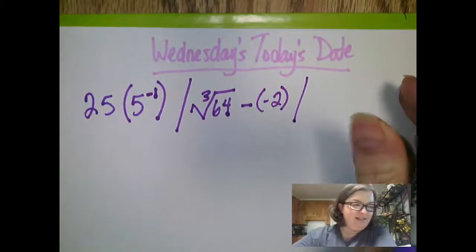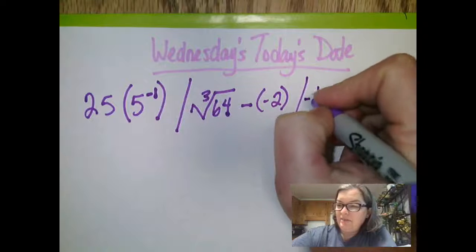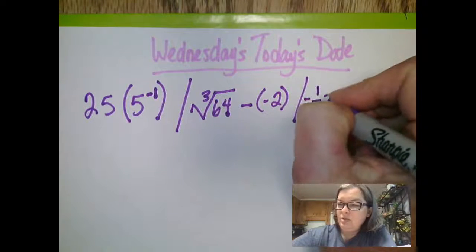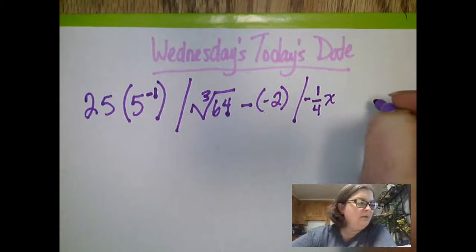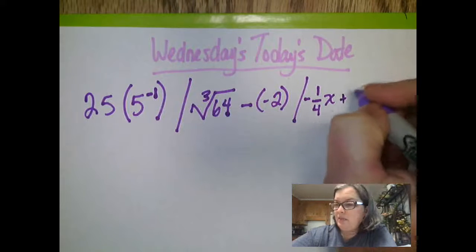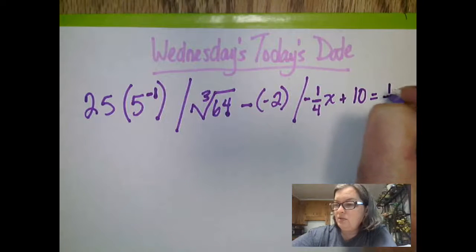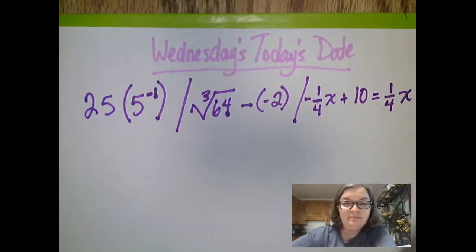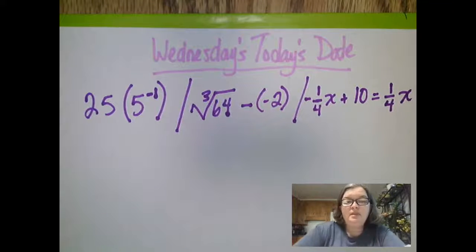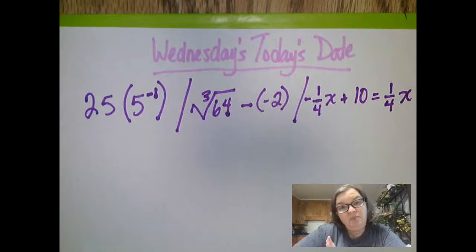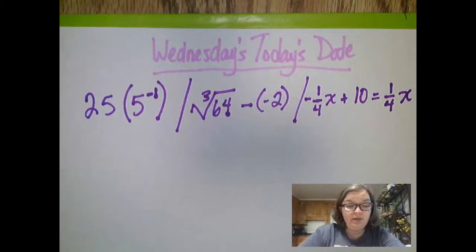And lastly, let's bring it back a little bit old school, not that old, but negative 1/4 x plus 10 equals 1/4 x. Alright, y'all take a moment, write it down, work it out. You probably know what today's date is, but how would you get to today's date by simplifying these expressions or equations?